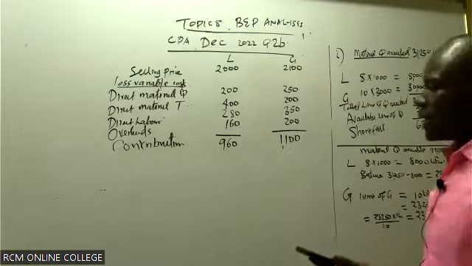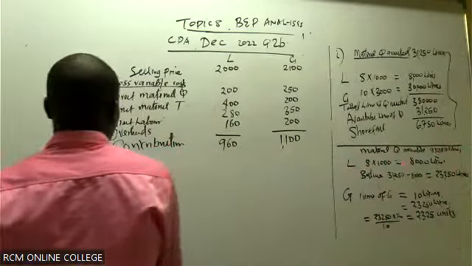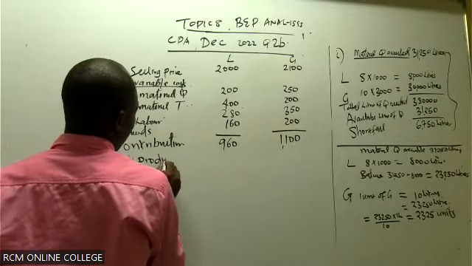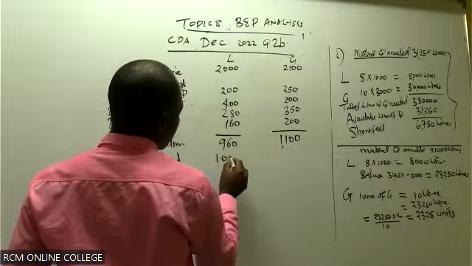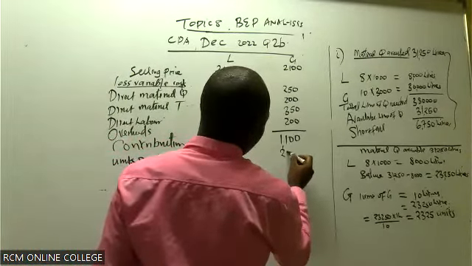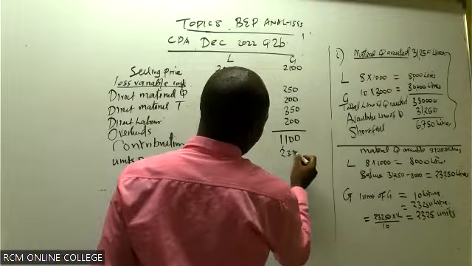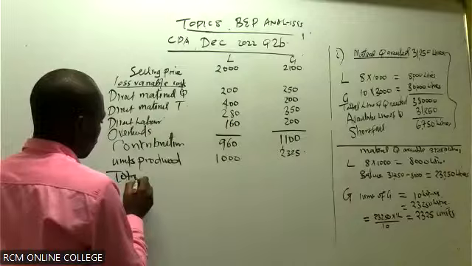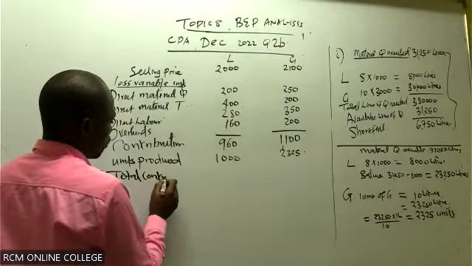So having done that, let me bring now the units produced. They managed to produce 1,000. They managed to produce 2,325. Total contribution.